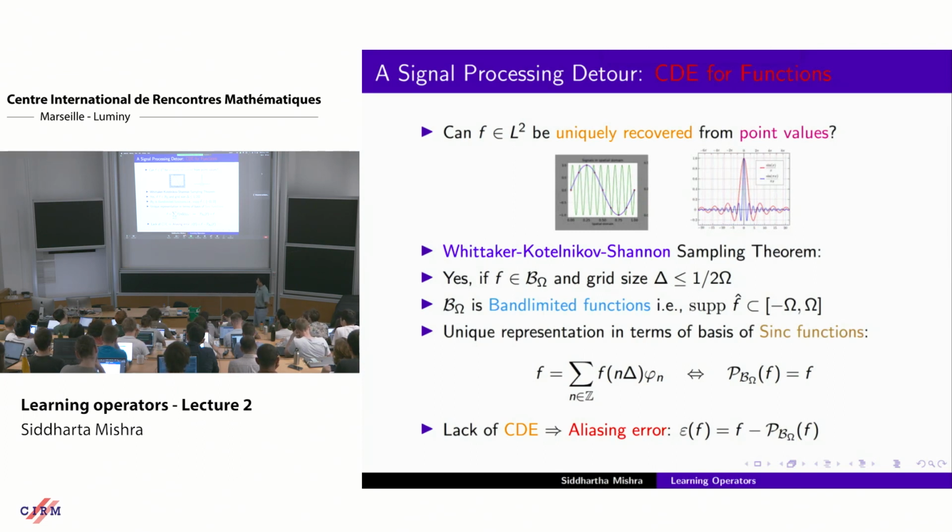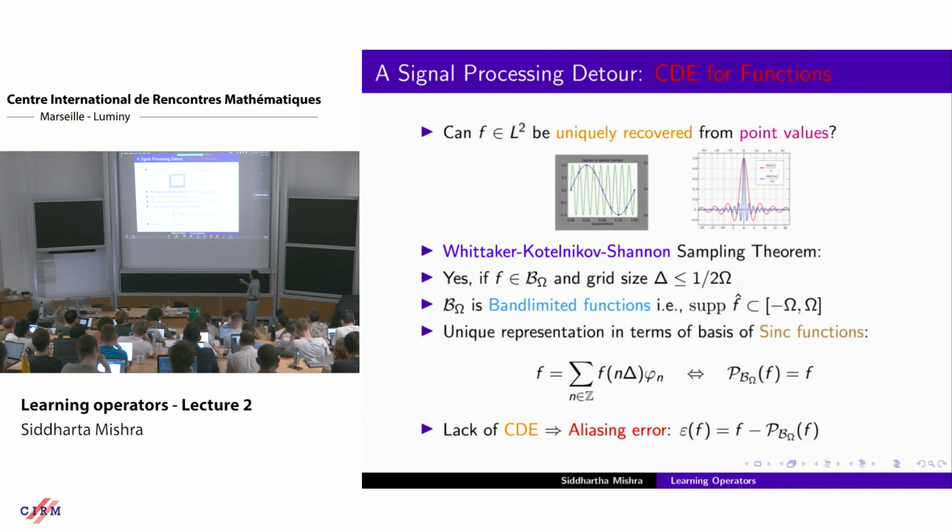So what is the Shannon sampling theorem? It tells you that indeed there is an affirmative answer to this question, that a function can be uniquely recovered from its point values, but under certain caveats, under certain conditions. And what are these conditions? The conditions are, for instance, that your function, instead of being an arbitrary square integrable L2 function, belongs to what are called band limited functions. Now what is a band limited function?